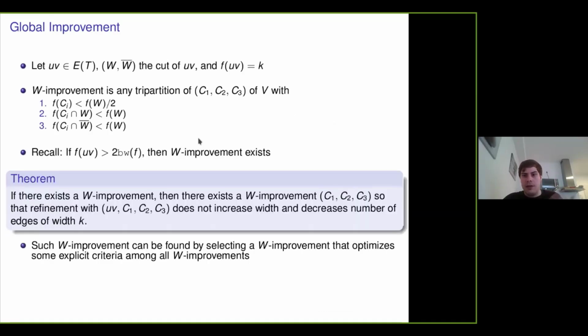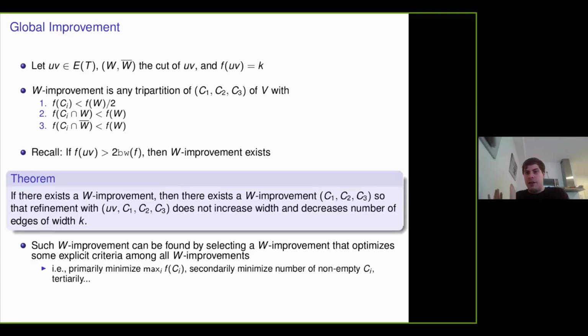But now the main theorem is that the existence of this kind of local improvement guarantees the existence of a global improvement. And this global improvement can be found by selecting some specific local improvement. Makes sense. Thanks.